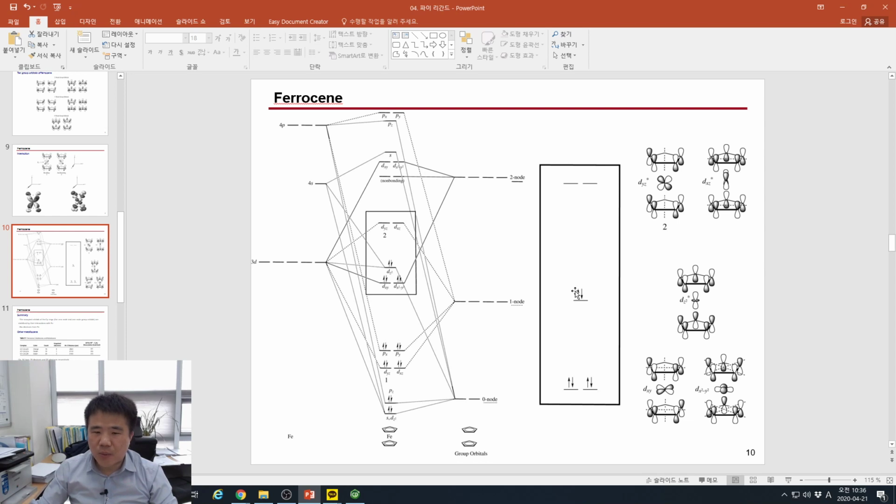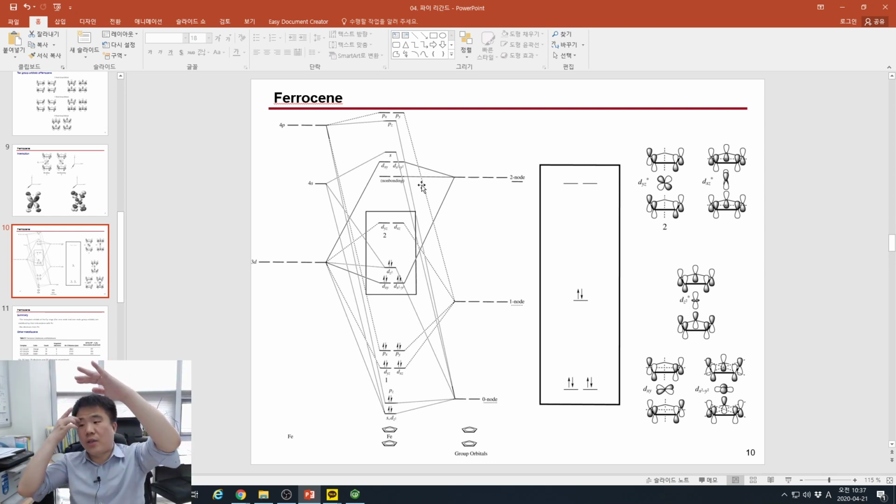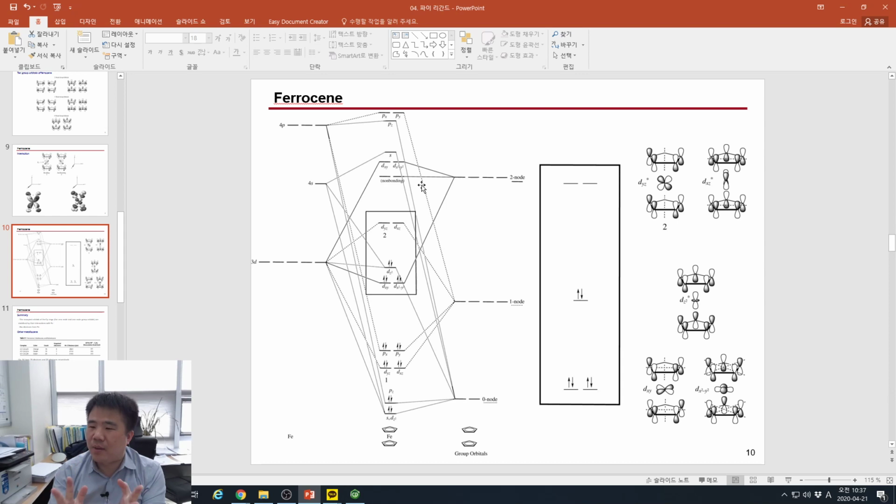So these orbitals are located here, and if you look at the interaction, dz square has bonding, so this is kind of bonding character. But if you look at dxy and dyz in the structure, they are non-bonding, you cannot make bonding. So these are located at a high energy level. So these are antibonding. Do you understand?